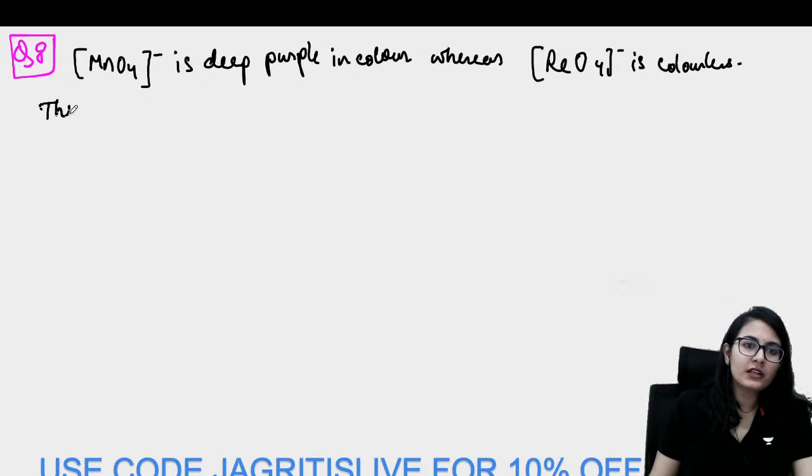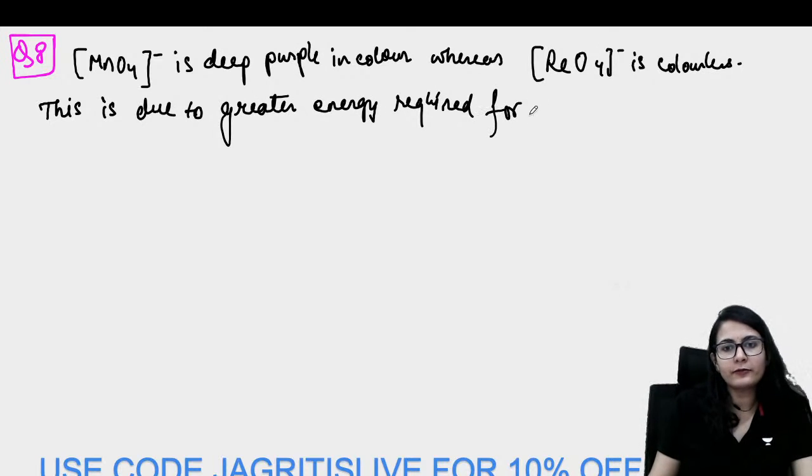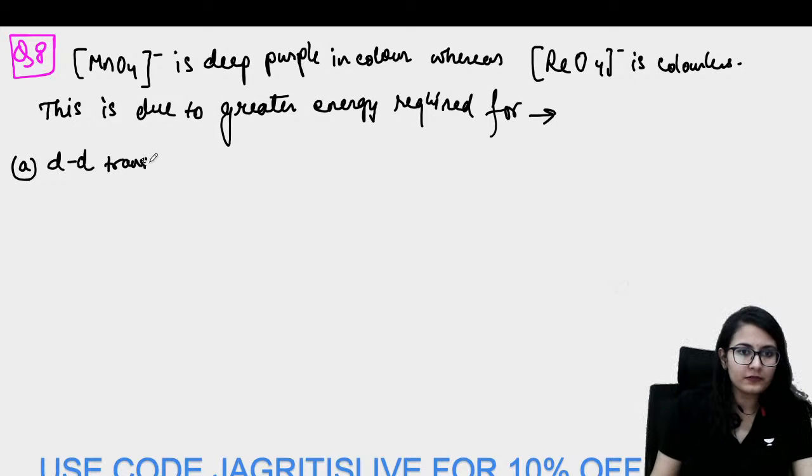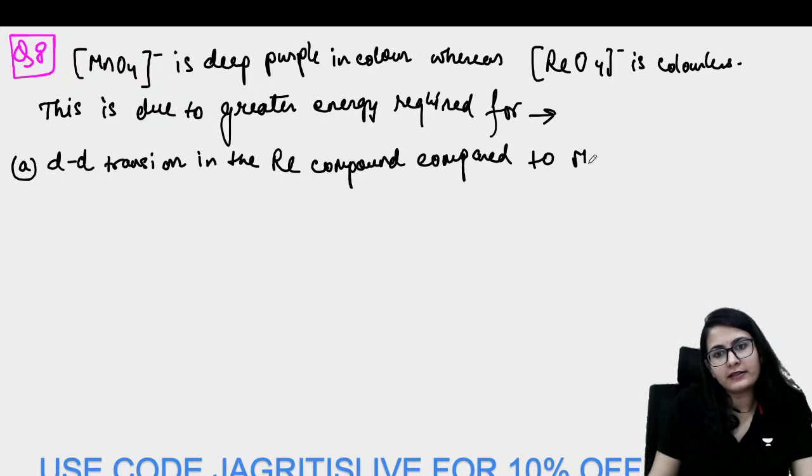Okay, this is due to greater energy required for option A, d-d transition in the rhenium compound compared to manganese compound.